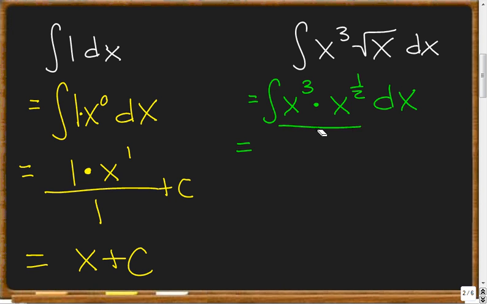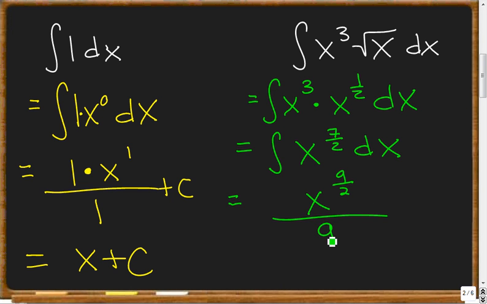Remember, when we multiply like bases, we add the exponents. So 3 plus 1/2 is going to give us 7/2. And so when we integrate this, we're going to end up with x to the 7/2 plus 1, which makes 9/2. We divide by 9/2, and we add c.